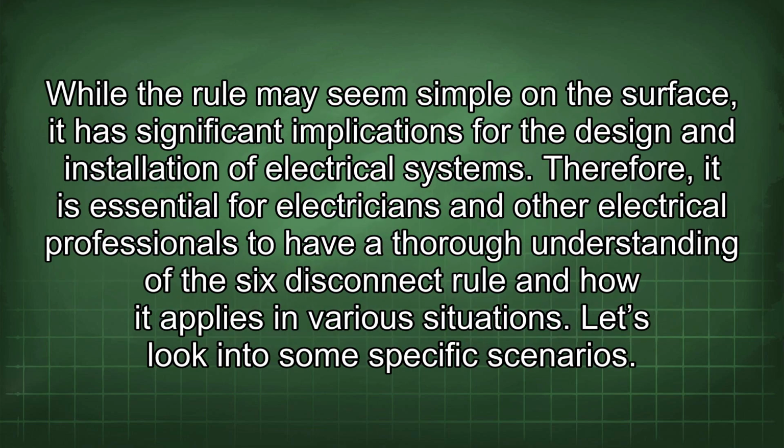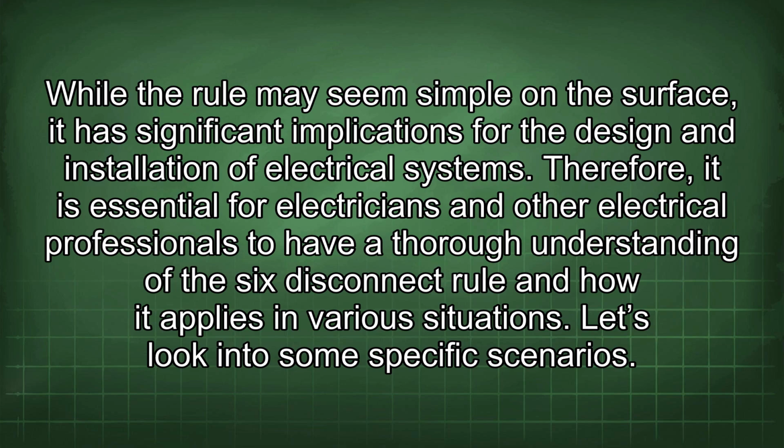While the rule may seem simple on the surface, it has significant implications for the design and installation of electrical systems. Therefore, it is essential for electricians and other electrical professionals to have a thorough understanding of the 6 disconnect rule and how it applies in various situations.